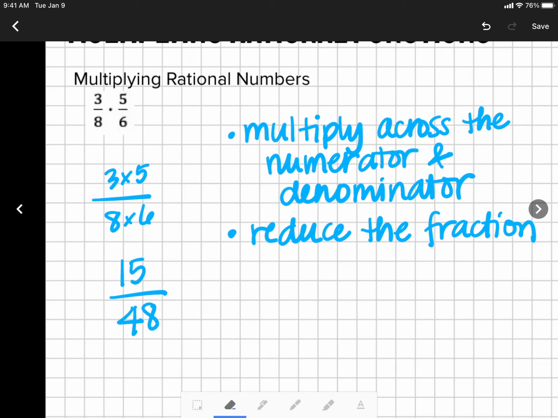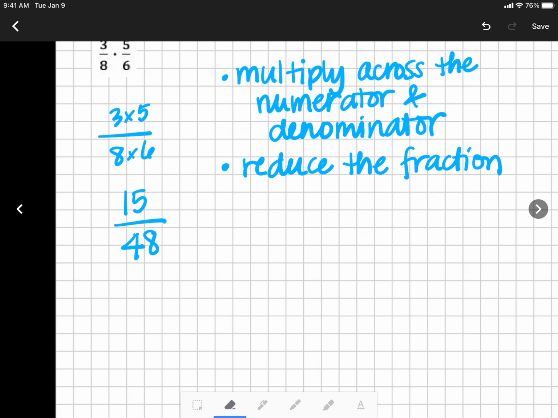So I would have to look at 15 and 48 and say, do they have anything in common? Well, they do have something in common. They both have a 3 in them. Do they have anything else in common? I have to kind of think through that. If I take 3 out of both of them, I'm left with 5. Help me out, guys.